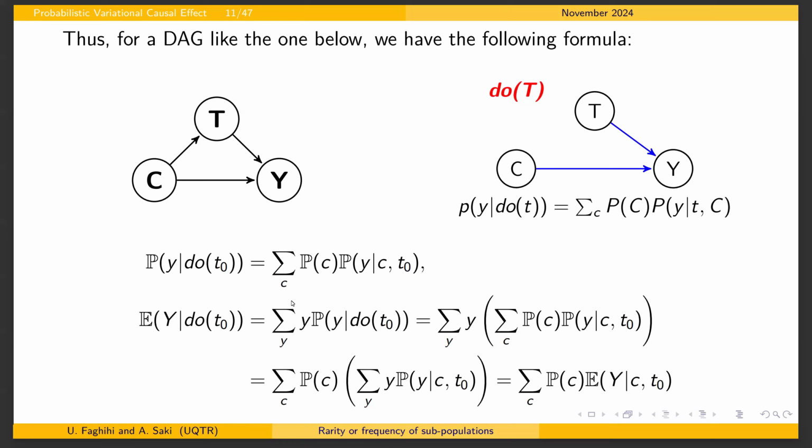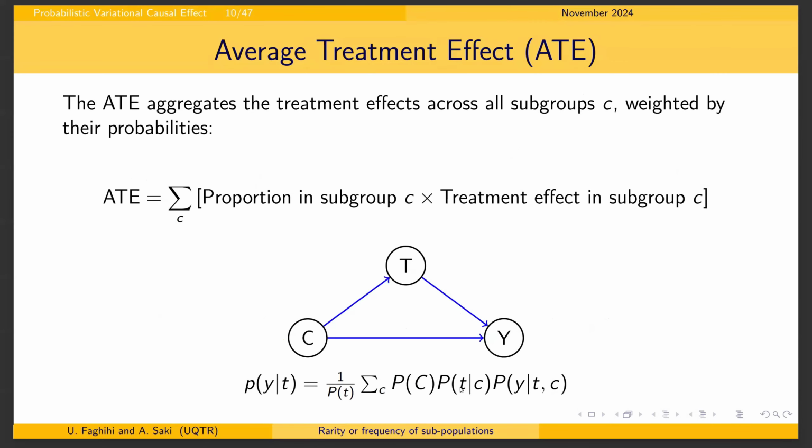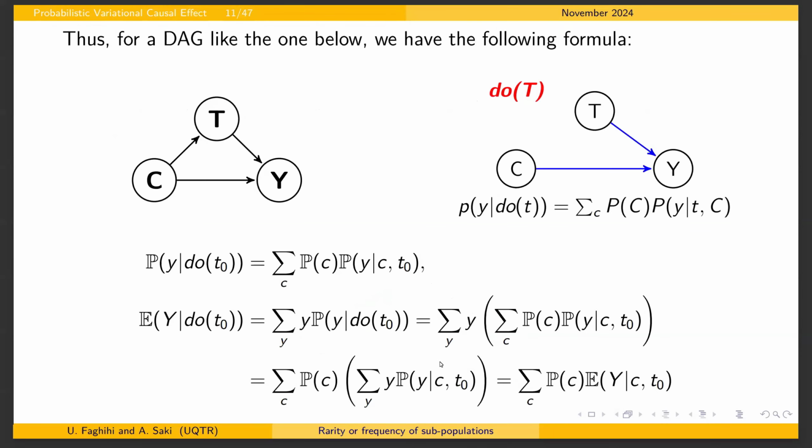If I rewrite this one, since we don't have C dependent on Y, we can take it out of these parentheses. So this becomes probability of C multiplied by the expected value of Y given C and T0. So basically here we deleted this dependency, probability of T given C, which caused the confusion.